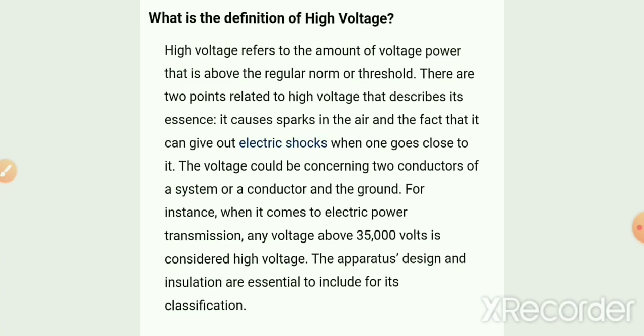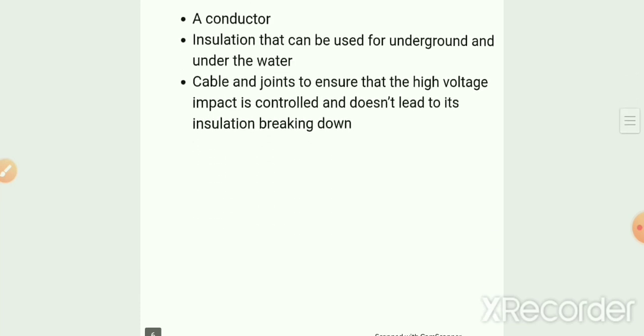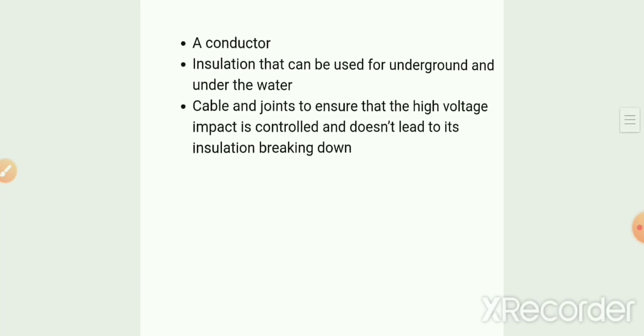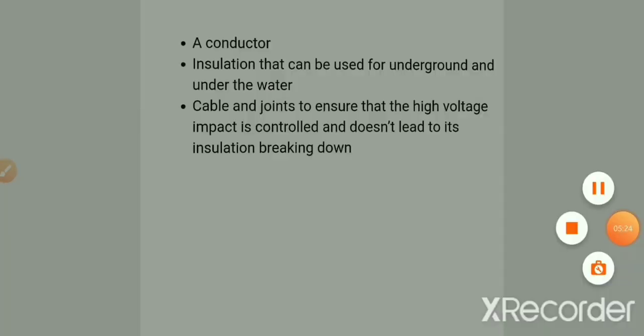A typical high voltage power cable requires a conductor and an insulation that can be used underground and under water, and third, cable joints to ensure that high voltage stress is controlled and does not lead to insulation breaking down.